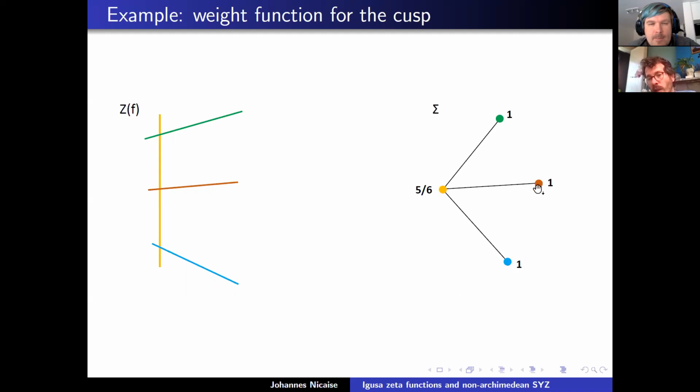The weight function takes value 1 on the green, brown, and blue dot. For the yellow component, numerical data were 6, 5, so the weight function takes value 5 over 6 at the yellow vertex. This is also the log canonical threshold in this case, because that's the smallest value of the weight function.